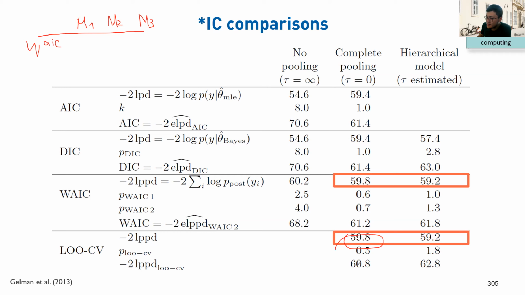Here there's a number that says the WAIC is 59.8. What does that mean? Is it good, is it bad? Interpreting this number alone doesn't make sense at all, because this model evidence is on a comparison scale. We are only talking about relative performance. We need to compare which is better and which is worse, but on the absolute scale, that doesn't make any sense.